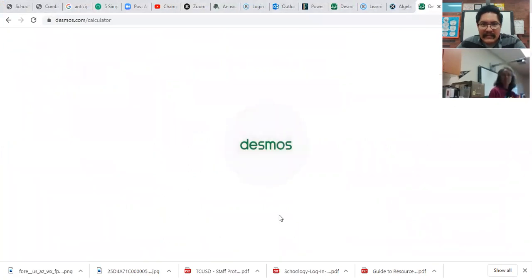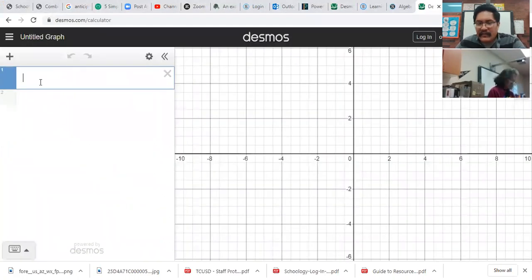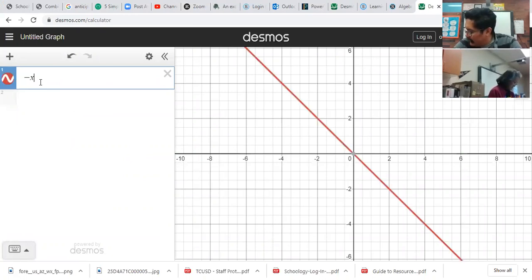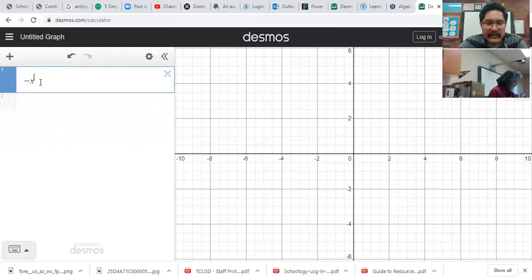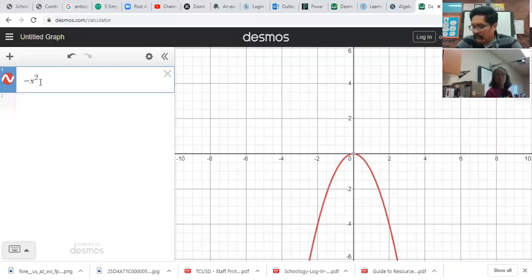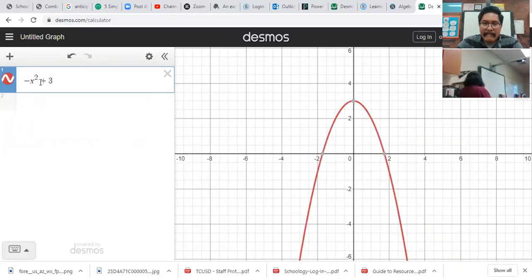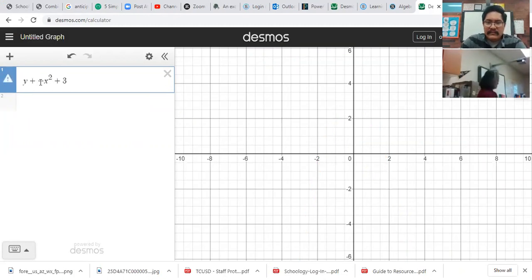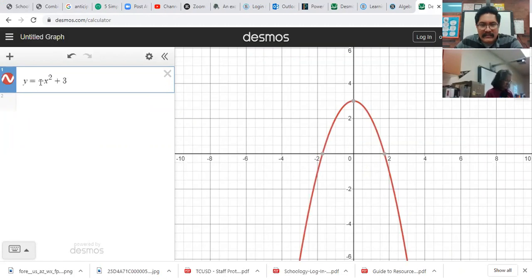And we're gonna type in our function, which I have written down right here, negative x squared plus 3. Now it actually says y equals negative x squared plus 3, but it didn't really change much to add the y in there, because all functions are usually solved for y. But at least now we can see what we're looking at.